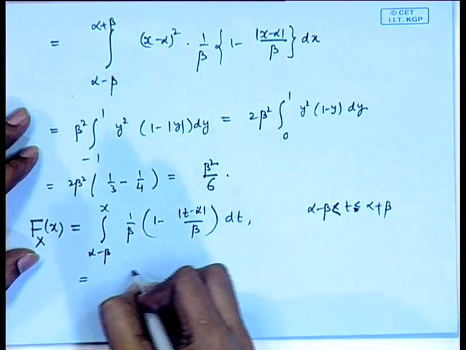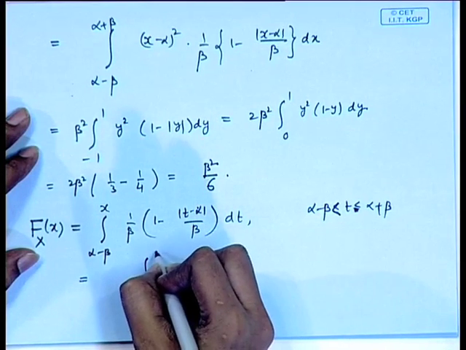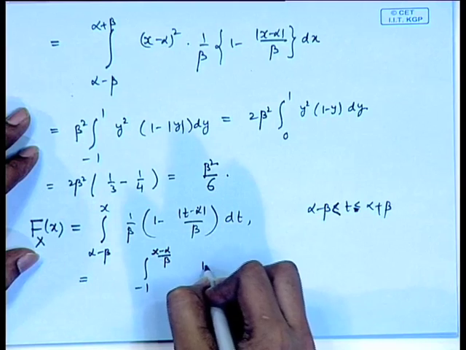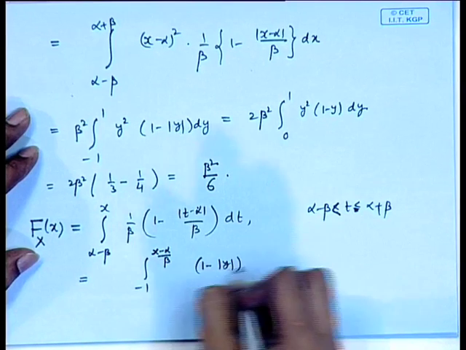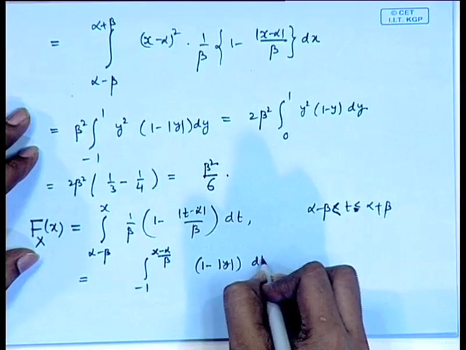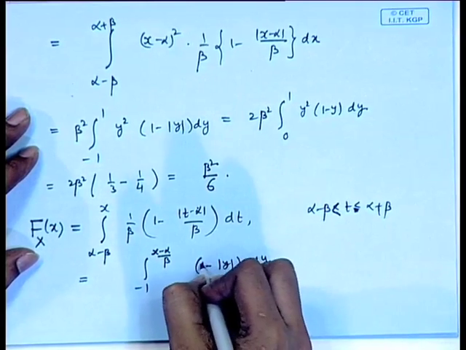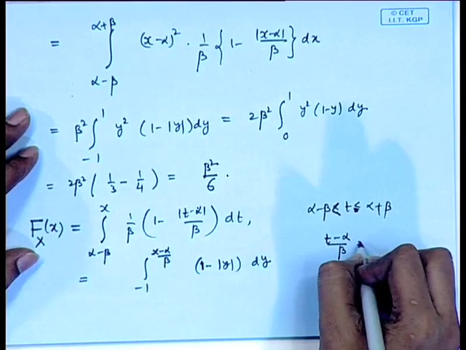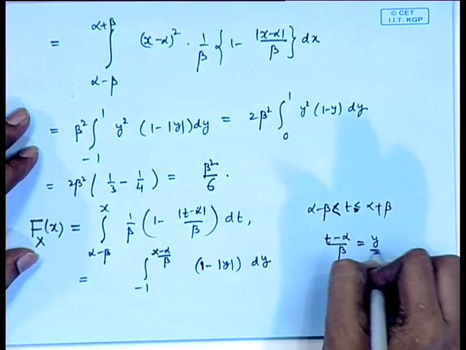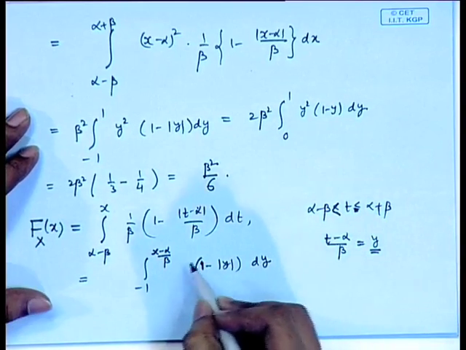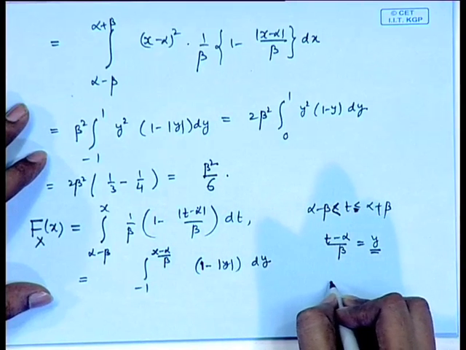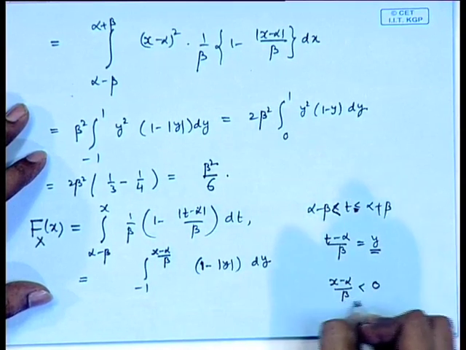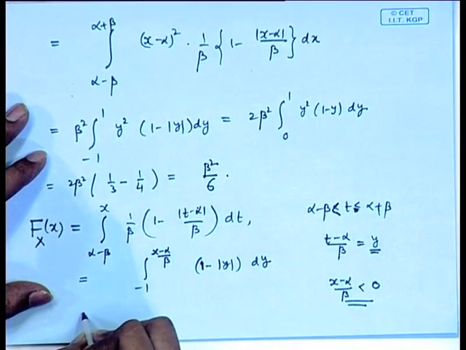So, by considering the transformation t minus alpha by beta equal to y, this becomes the integral from minus 1 to (x minus alpha) by beta of (1 minus modulus y) dy. Now, here there are two cases.